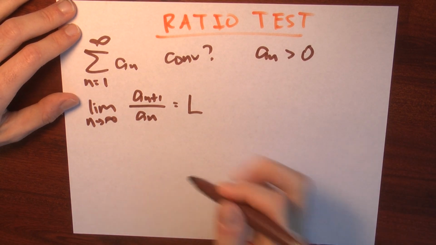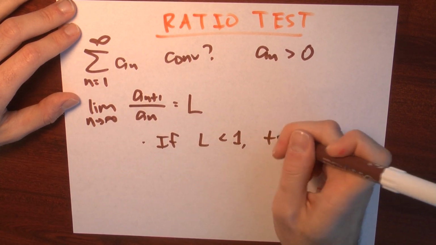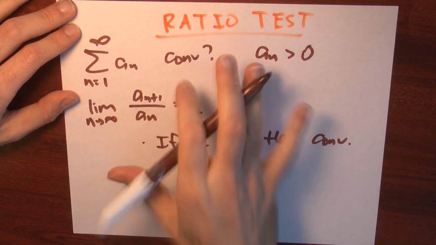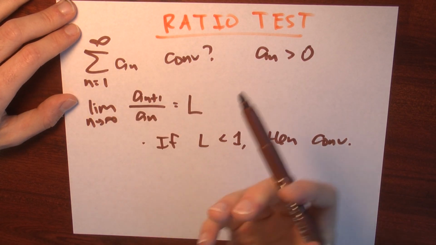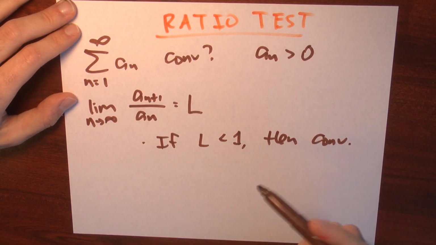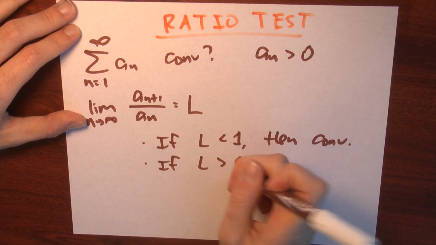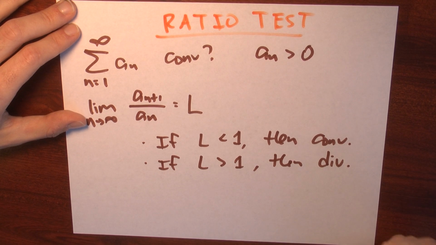Then there are three possibilities. If that limit is less than 1, then this series converges. It's converging because I can do a comparison test between this series and a convergent geometric series. If that limit is bigger than 1, then this series diverges.